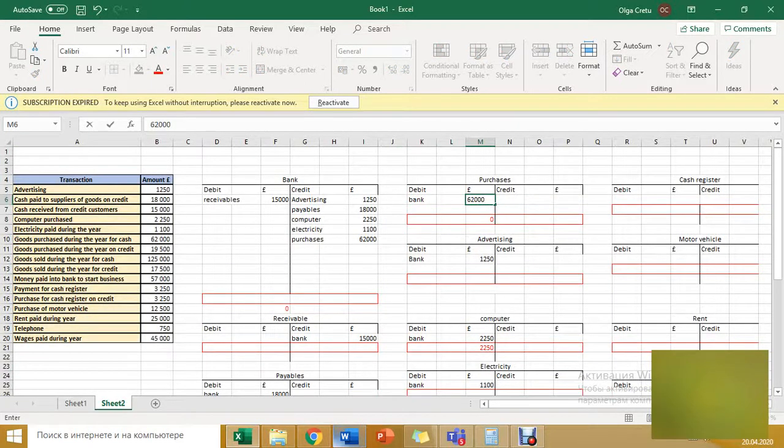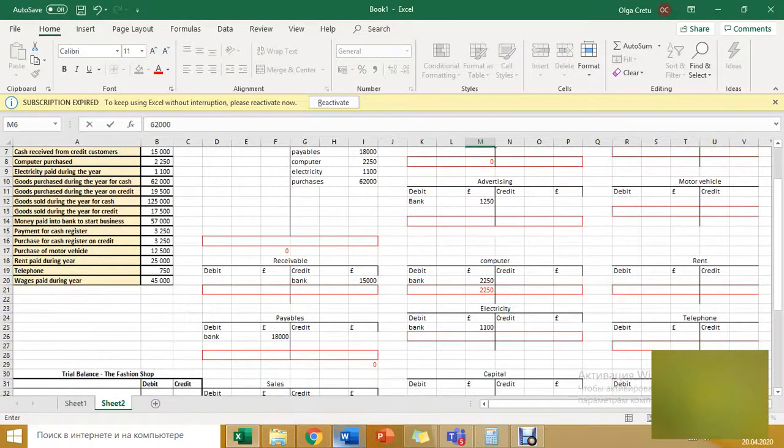And then we said that we purchased goods on credit during the year for 19,500, right? We said it's a credit, so it's a payable account, right? So we have 19,500 here under purchases.